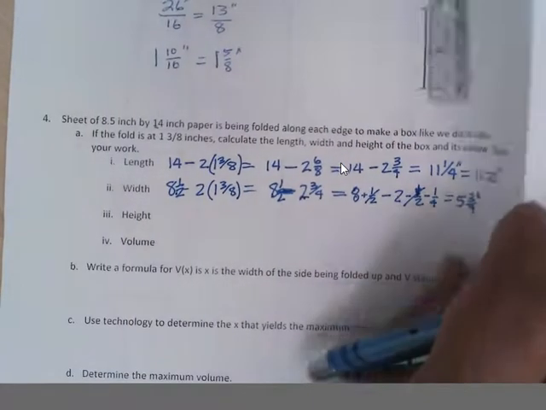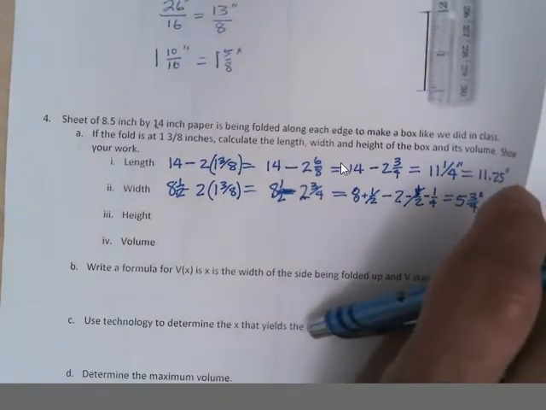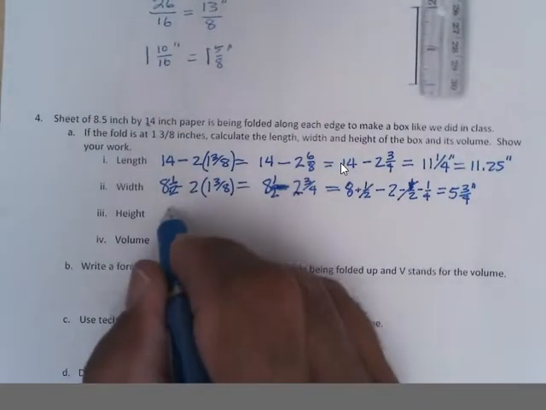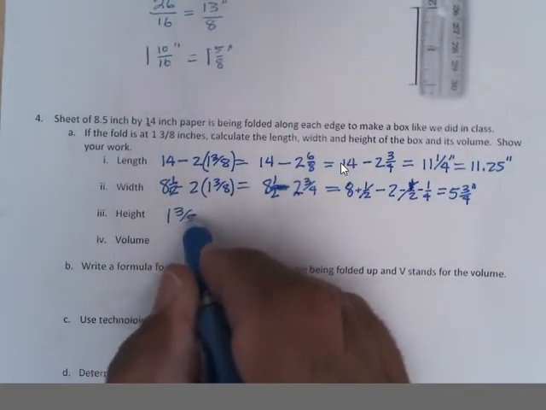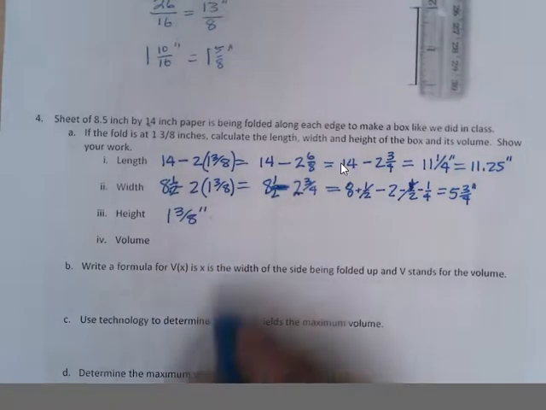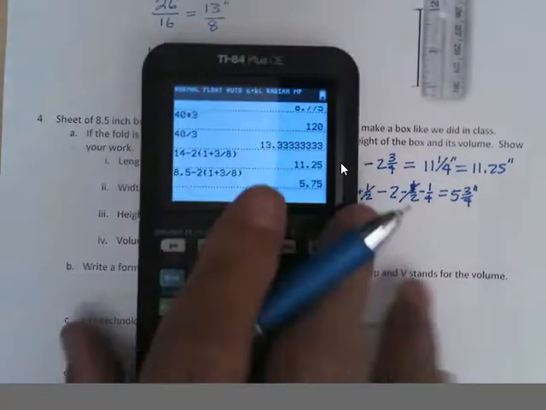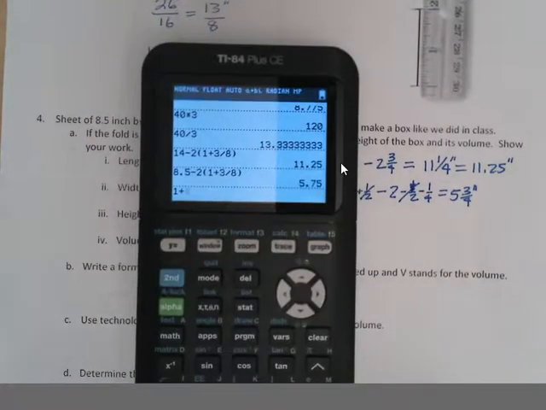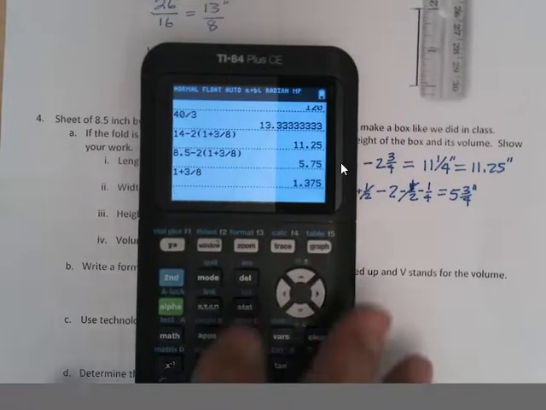The height is going to be that 1 3/8 on that side, and on that side, and that side. The height is going to be 1 3/8 inches. If you do it in decimal, 1 plus 3 divided by 8 is 1.375.